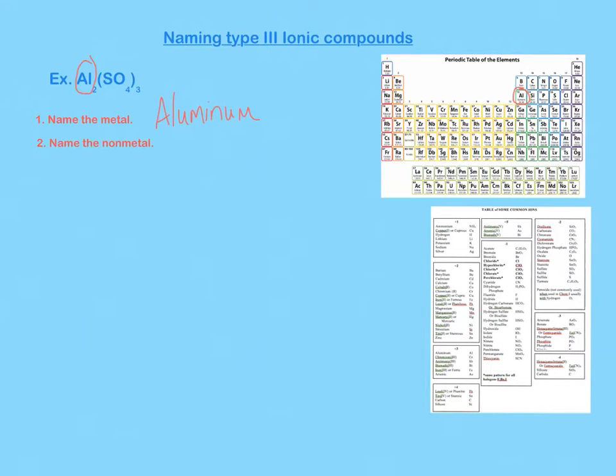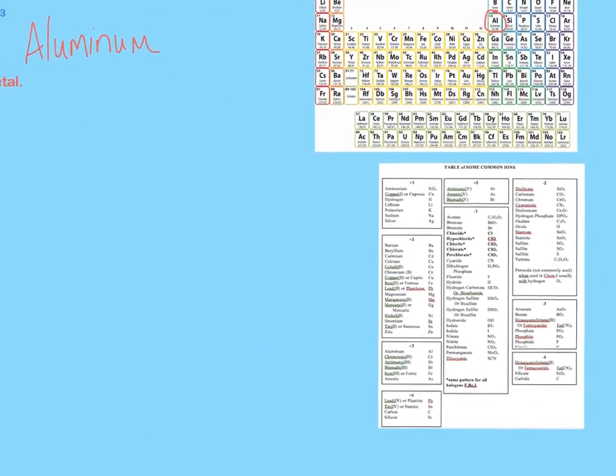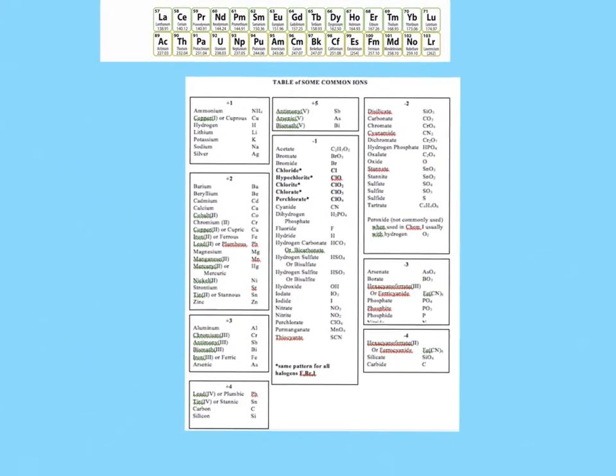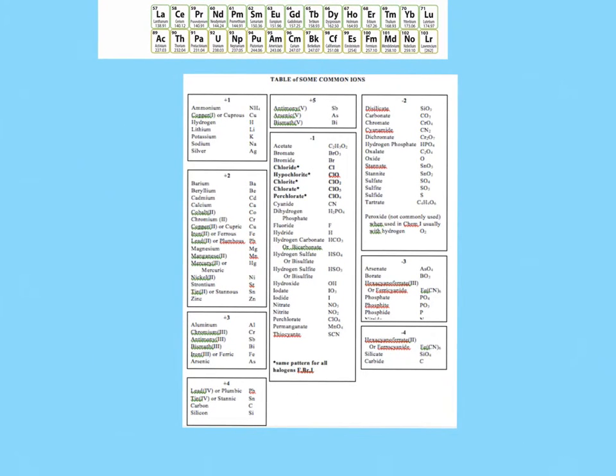My next step is I want to name the nonmetal, which is our negatively charged particle. And what I have here is I see the parentheses, so I'm looking for this whole piece. So if we look at our polyatomic ion chart, I'm looking for SO4, which I find right here, which is sulfate.